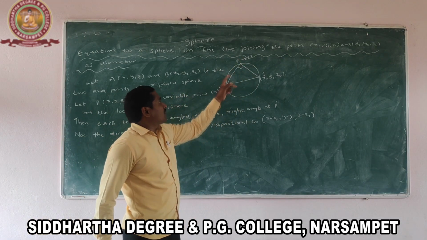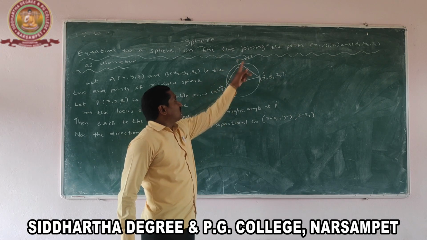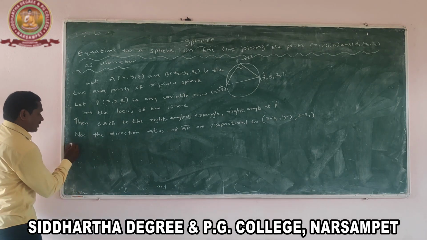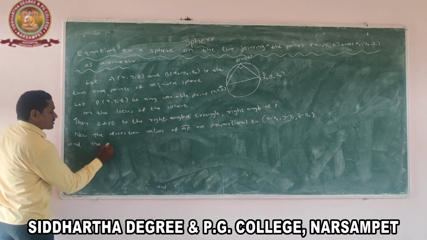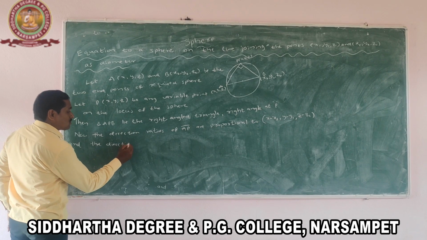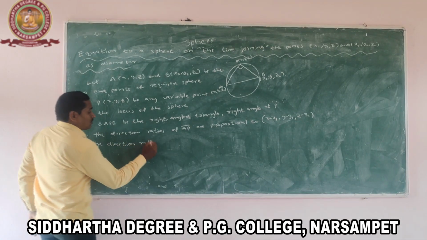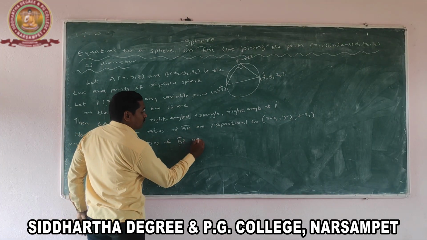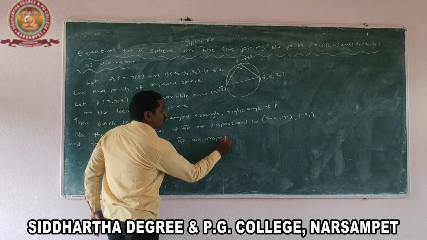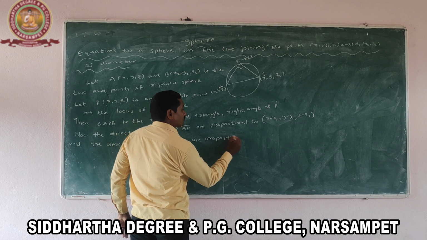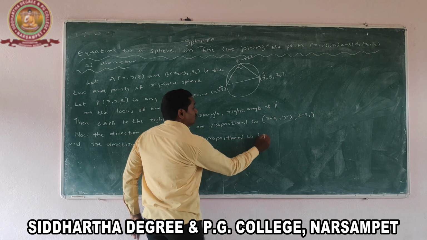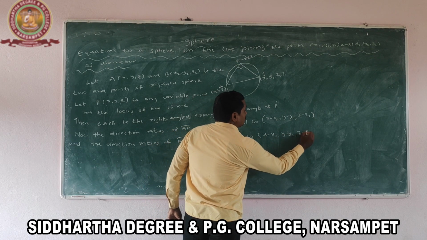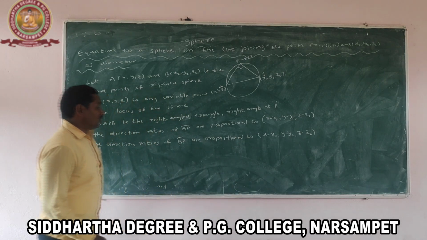The direction ratios of AP are proportional to x minus x1, y minus y1, z minus z1. In a similar way, the direction ratios of BP are proportional to x minus x2, y minus y2, z minus z2.